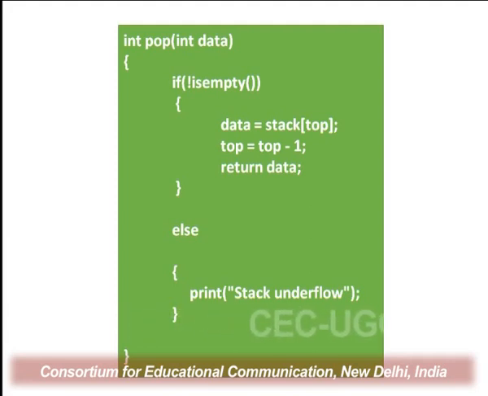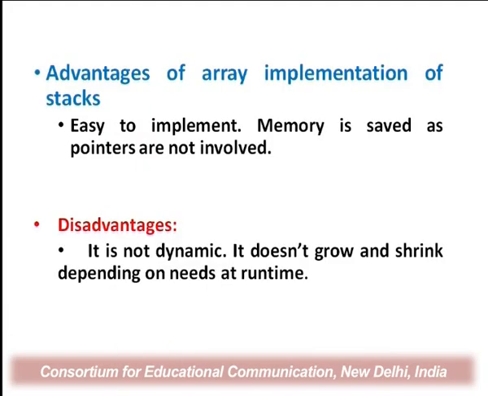If it is not an empty stack, then it will return the value of the topmost element on which top is pointing into that data element. Then it will decrement top to top minus 1, and that data will be returned as an integer value. So, essentially we are just accessing the value which is available at the top position, and then decrementing the value of top, or the index top.